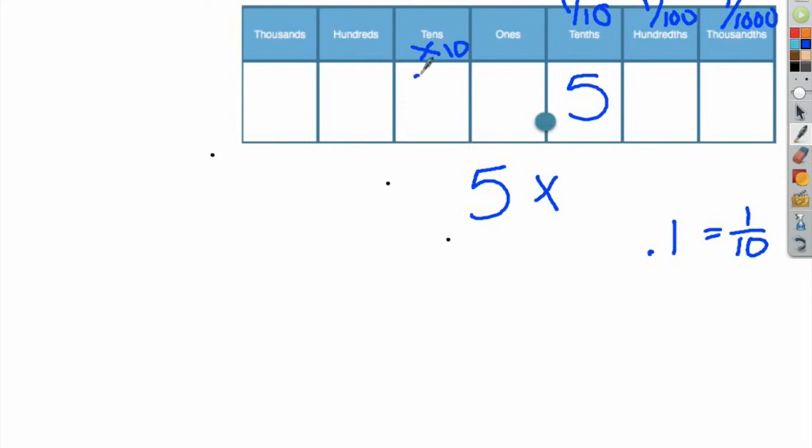If we had the 7 over here and we said that was 7 times 10, and this column is worth 10, and this column's worth 1, and this column's worth 100, and this column's worth 1,000, and when we had a number in this place, we said 7 times 10, but now we have a number in that place. What do you think I'm going to multiply it by? 10?